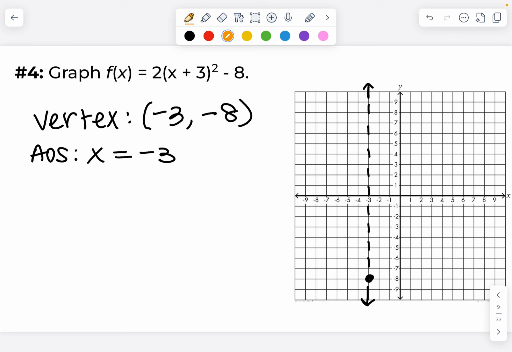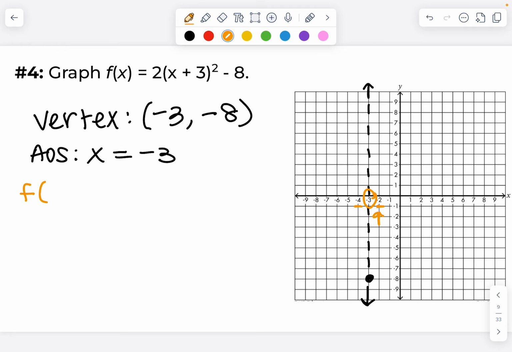So I'm going to start by finding some other points to graph it. Notice I just found the coordinate at (-3, -8), so my x value was negative 3. What I always like to do is find either the negative 4 or the negative 2. I'm going to pick negative 2 because it's a smaller number.